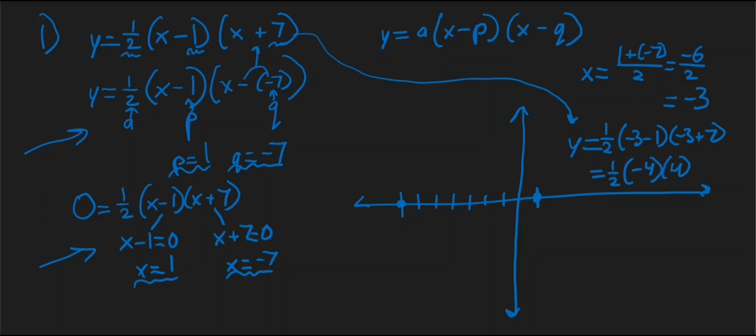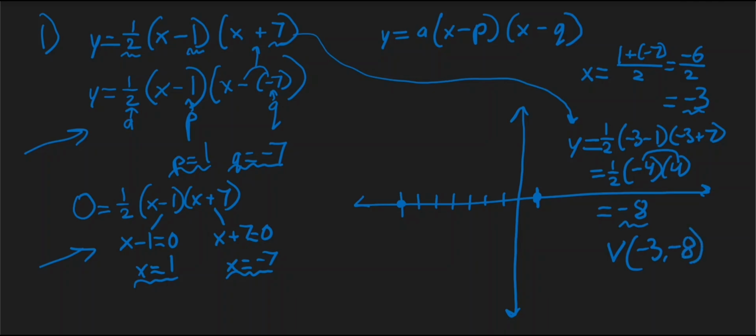And 4 times -4 would be -16, and 1/2 of that would be -8. So we know that the vertex would be located at x is -3, y is -8. So 3 points are sufficient for us to graph the parabola.